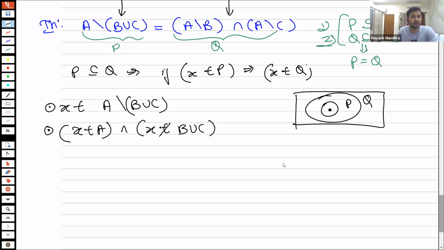A set minus B union C means it remains in A, but it is not included in B union C. Because if it were present in B union C, then it would have been eliminated when you did A set minus B union C, right? So this means that X belongs to A and X does not belong to B and X does not belong to C.